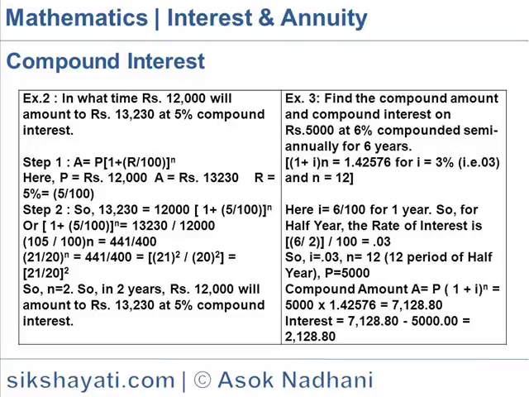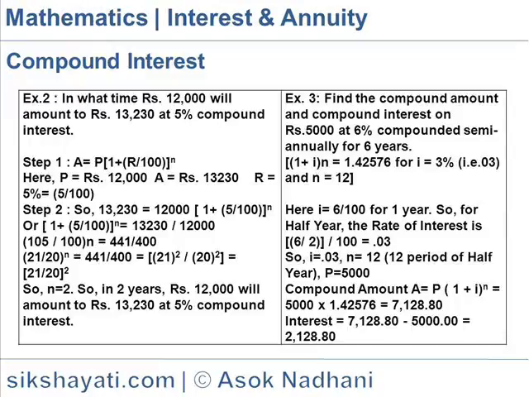In what time will rupees 12,000 amount to rupees 13,230 at 5% compound interest? Here is step 1. We know A is equal to P into (1 plus R by 100) to the power n. Here P is equal to 12,000, A is equal to 13,230 and R is equal to 5%, that is 5 by 100. So 13,230 is equal to 12,000 into (1 plus 5 by 100) to the power n, or (1 plus 5 by 100) to the power n is equal to 13,230 by 12,000.